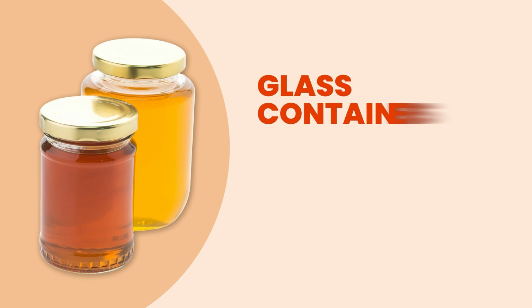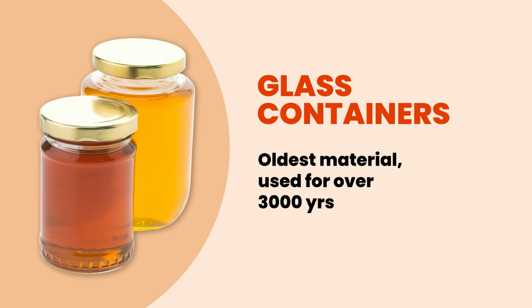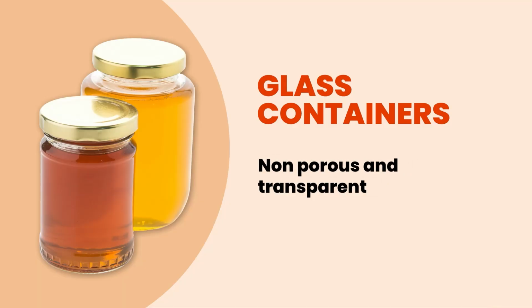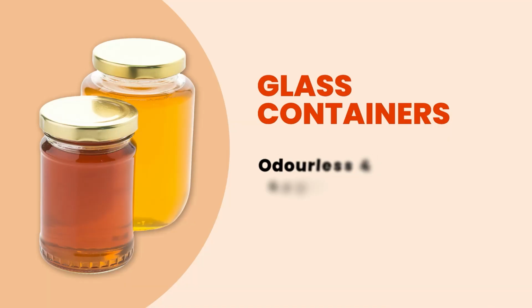Then comes the glass container. That is the oldest material that is used for more than 3000 years. And you know, glass is chemically inert. That is the safest packaging material that doesn't react with the food. That is chemically safe. Again, the glass is non-porous and transparent, so you can see the product from outside the package. It is odorless and it is hygienic.